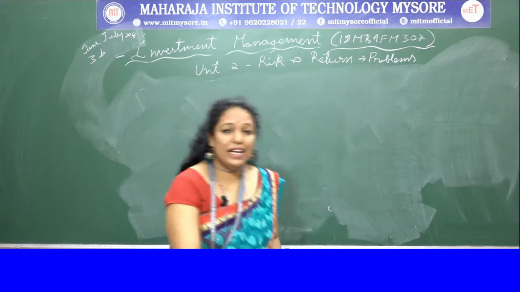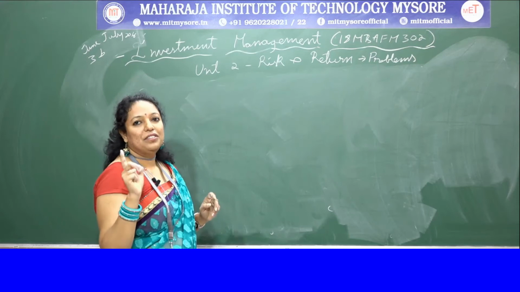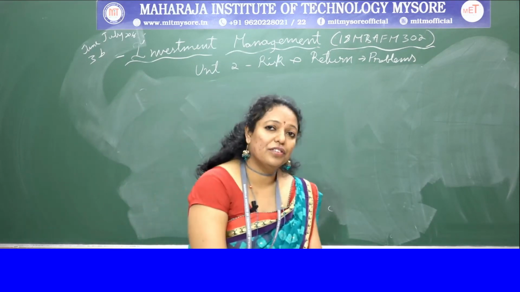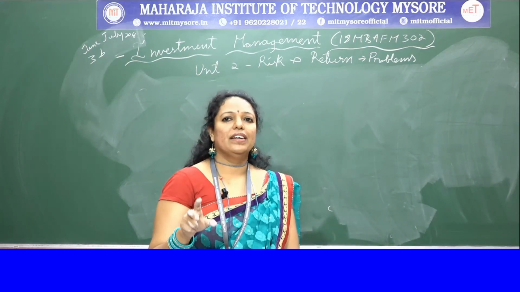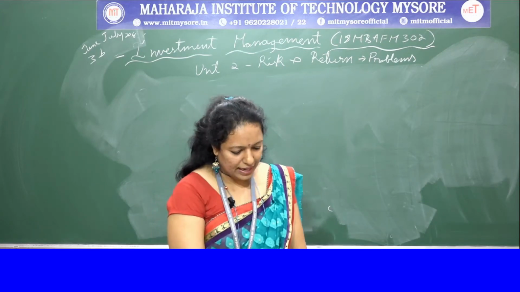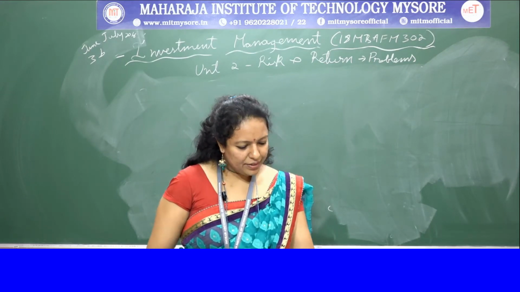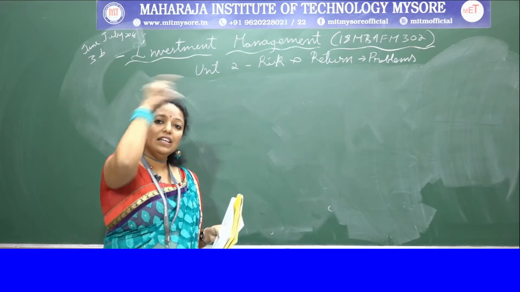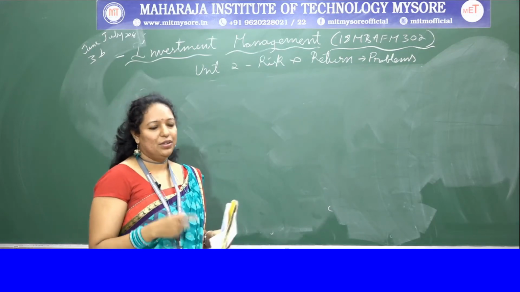Now for today's class, we'll take one last problem, which is of individual security, but discrete series, in a different concept. So let's discuss that problem, and that problem is there in December 2014, January 2015, where the initial calculations of return which we have done are going to help us here to calculate.